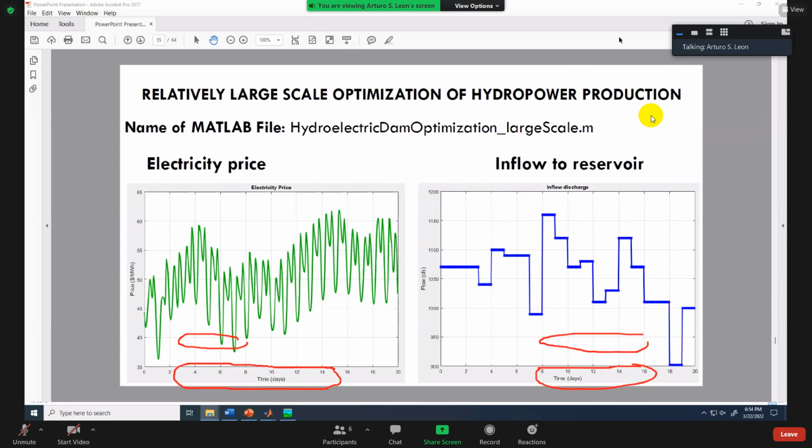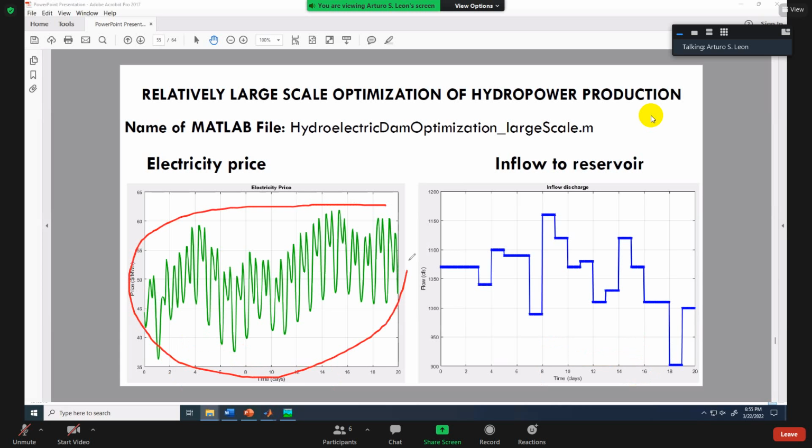Okay, now, guys, we can apply this to a large optimization. Here I have the price for 20 days, every hour. And then we have the inflows, which means the flow from the rain going to the reservoir, also for 20 days, every single hour.